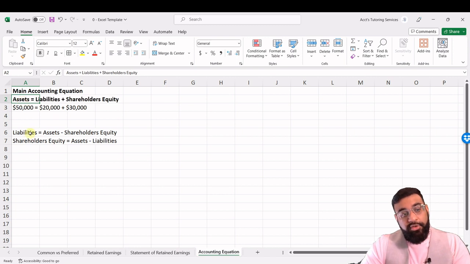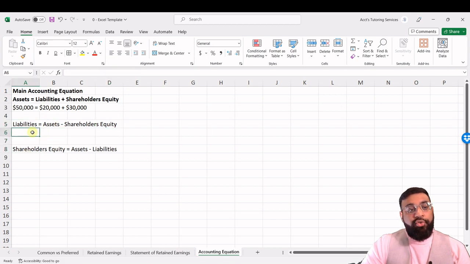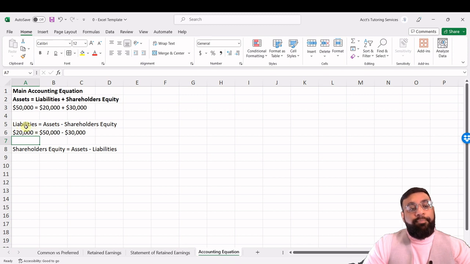Now we could rearrange this formula into two different ways. We could do liabilities equals assets minus shareholders' equity. So if liabilities is 20,000, we could derive this by taking assets, which are 50,000, and subtracting 30,000 shareholders' equity.